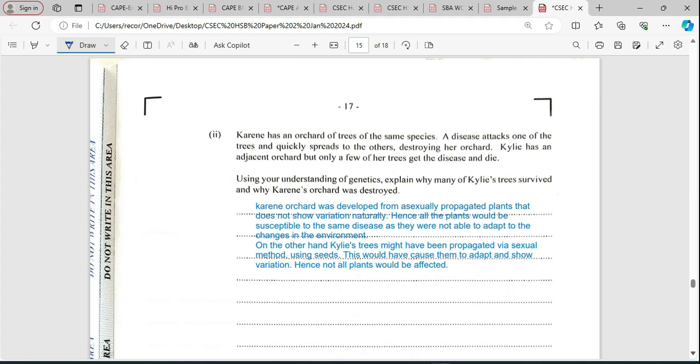Now, Karen has an orchard of trees of the same species. A disease attacked one of the trees and quickly spread to the others, destroying her orchard.